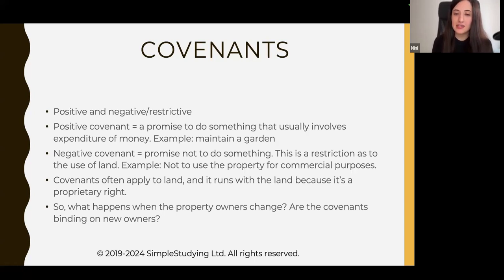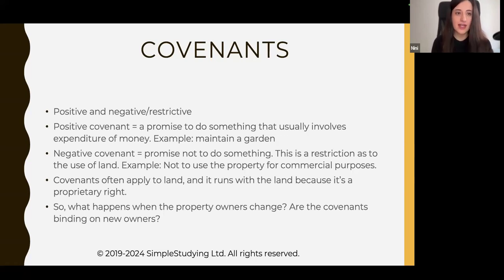Covenants apply to land, they run with the land. So even if the property is sold, it can bind the next owner because it's a proprietary right. So what happens when the property owner changes? Are the covenants binding on new owners? That's the most important part about covenants.